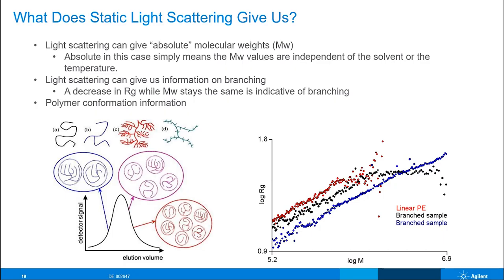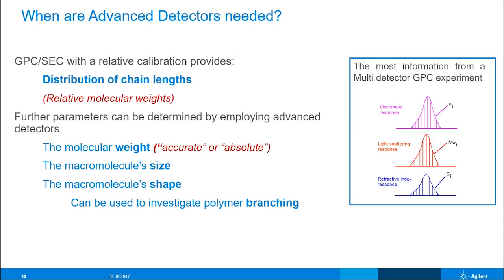So knowing all this, then the next question would be, well, when are these advanced detectors needed? Well, GPC and SEC with a relative calibration can provide information in terms of the distribution of chain lengths and the relative molecular weights. And sometimes that's just enough. You don't really need to know more of these advanced parameters.